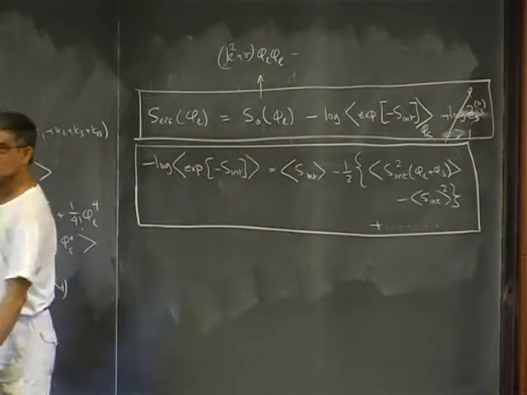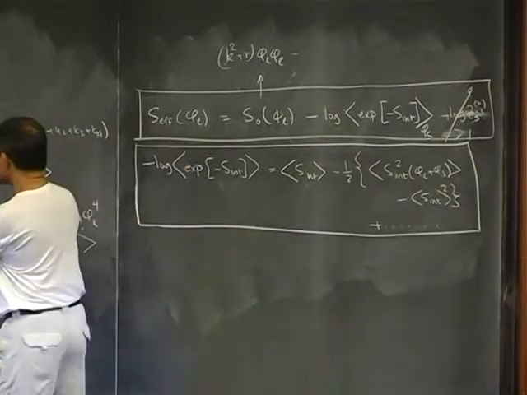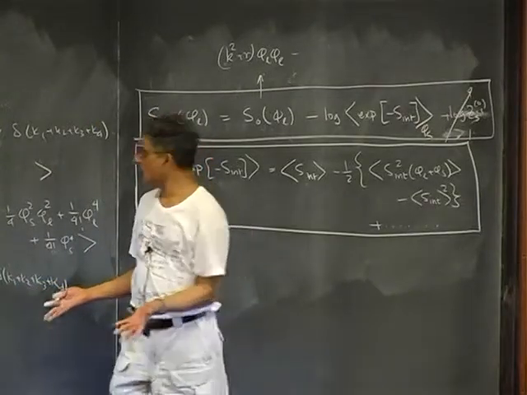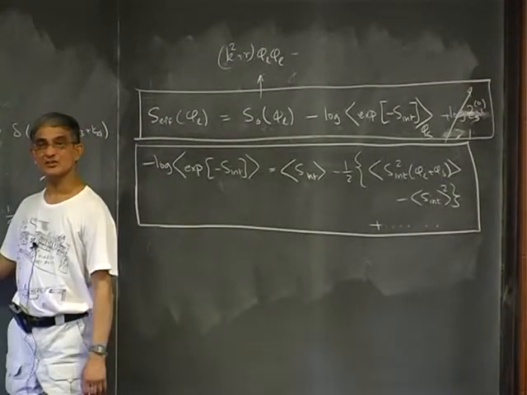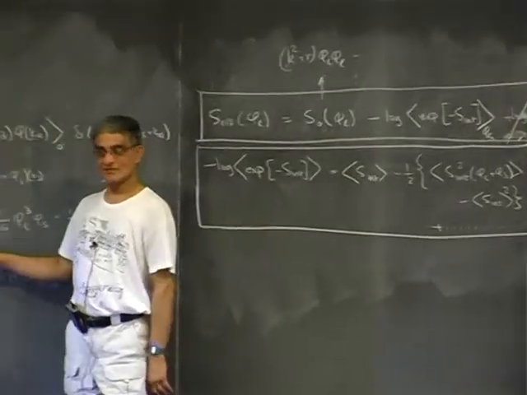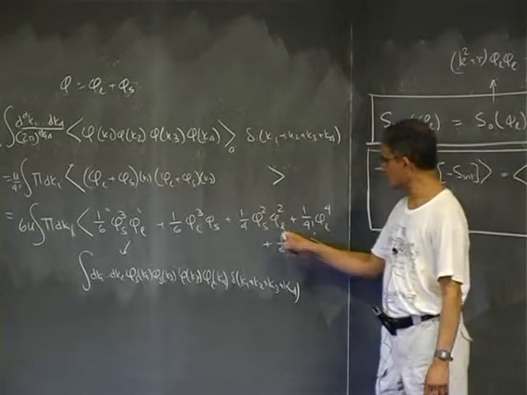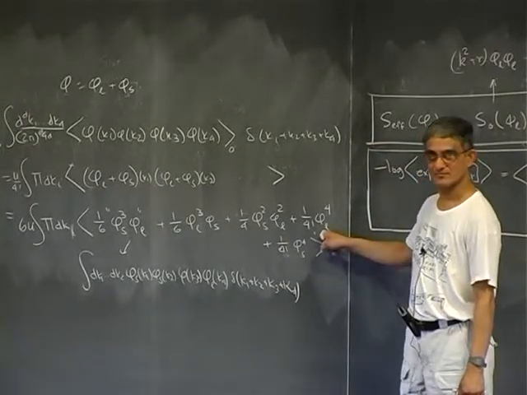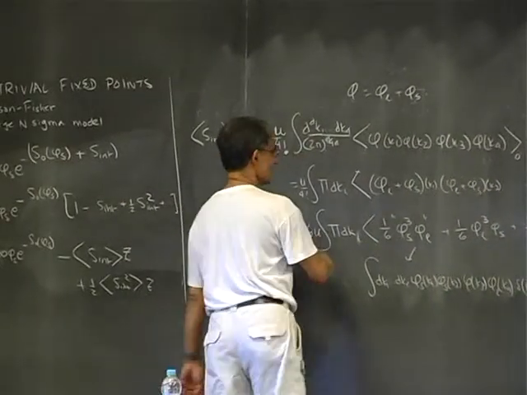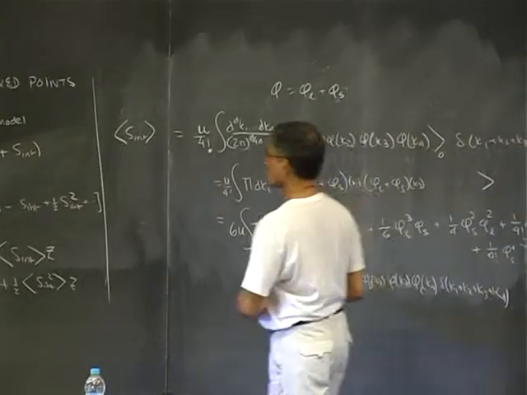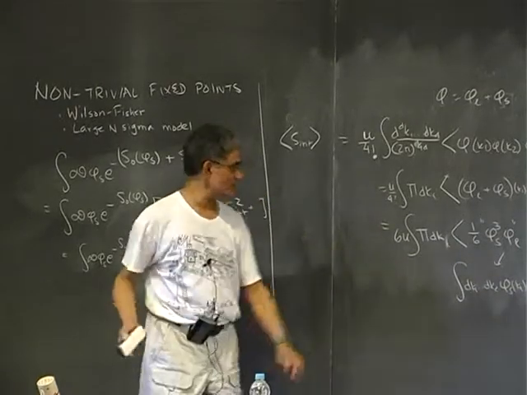So out of this, if I were to integrate out phi s, I would be left with something which depends only on phi L. Let's see what kind of dependence on phi L it would be. There could be a term which is linear in phi L, a term which is cubic in phi L, a term which is quadratic in phi L, a term which is quartic in phi L, and a constant. Okay, so let's calculate one by one. We'll show that there is only one non-trivial calculation out of these terms. The rest of it, in fact, vanish.